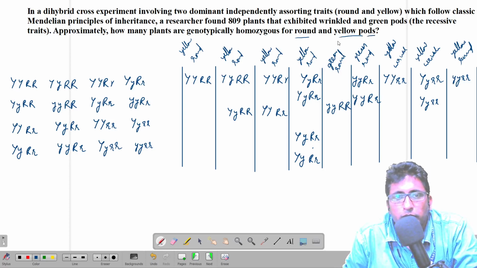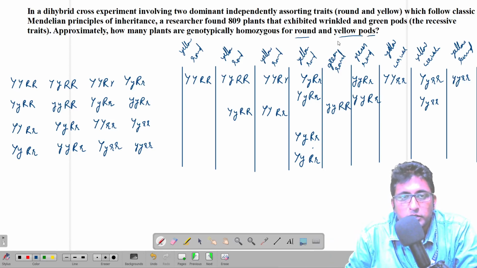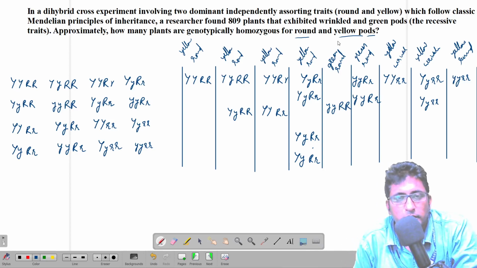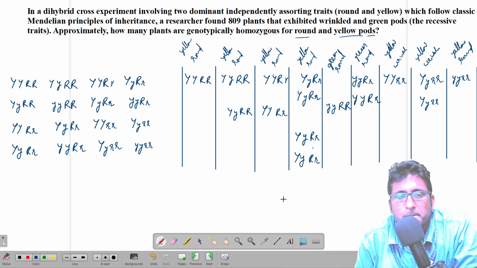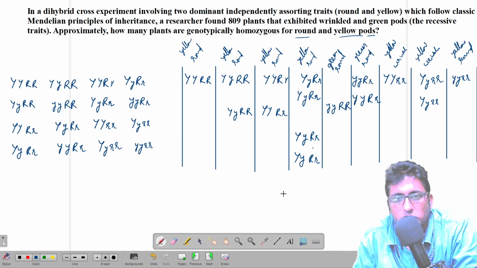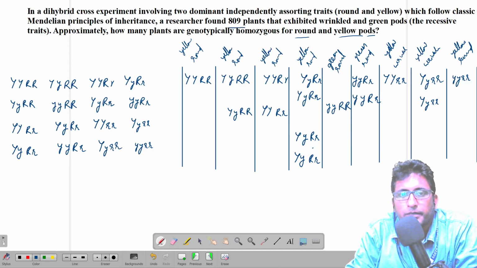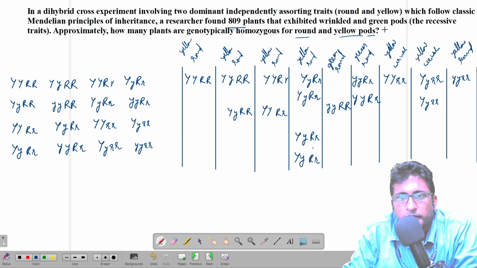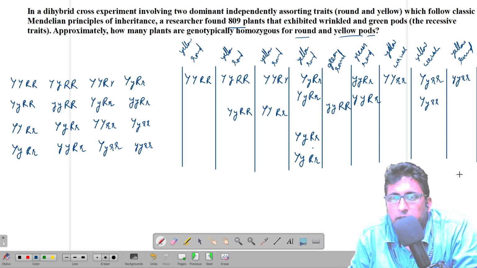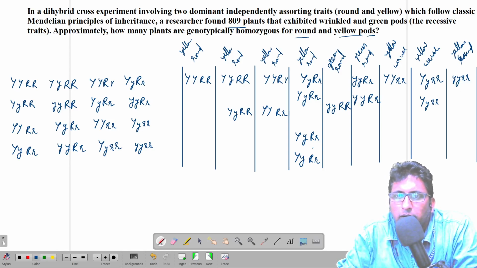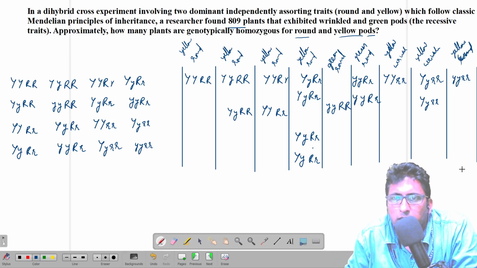So basically, if we are considering that the F1 generation is heterozygous, like we discussed, and there is a cross between F1 generation plants, and it says that 809 plants exhibited wrinkled and green pods, that is this one.